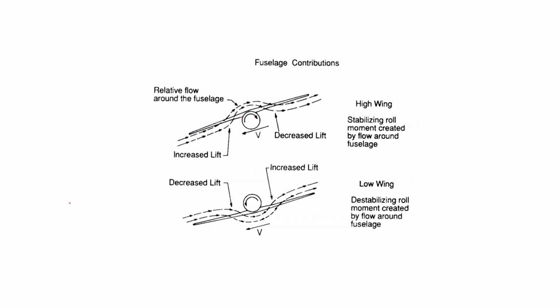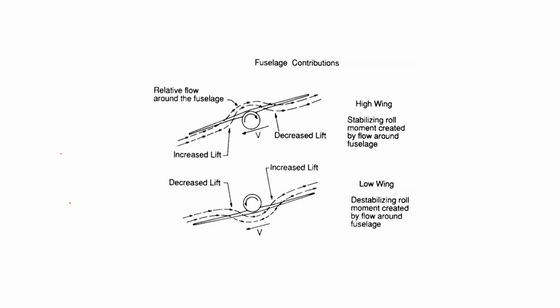Yes, sir. This is what I wanted to say, sir. Because you said in the last class also that if the lift on one wing of the aircraft pushes it downwards, on the other side the lift pushes it upwards, making it stable.